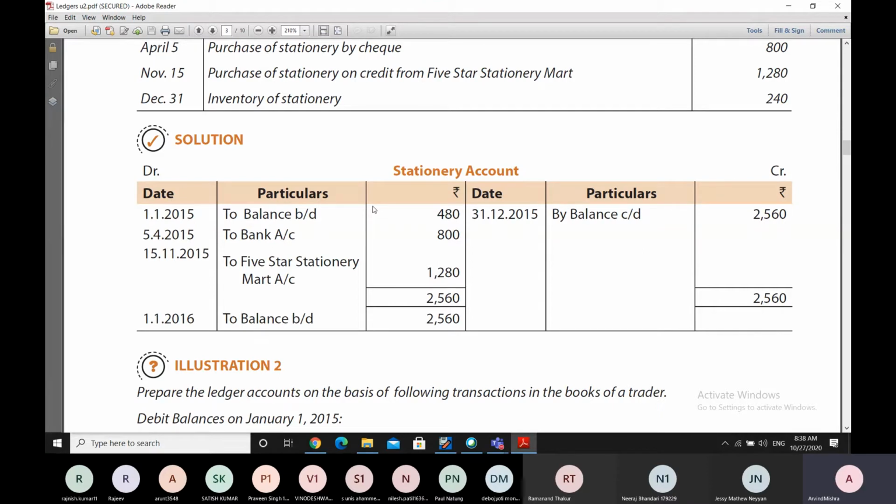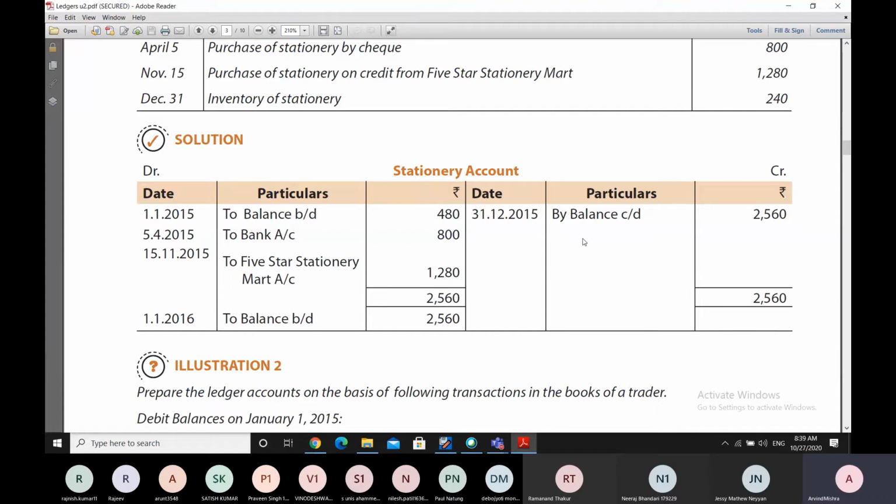So what we do is that we calculate the balance, we total up the two sides and we find the balance. We totaled up the debit side and found that the total was 2,560 rupees. So this was our debit balance here, and when we saw the credit side there was no entry, and therefore that side total was 0. So the difference of both sides was 2,560 rupees.